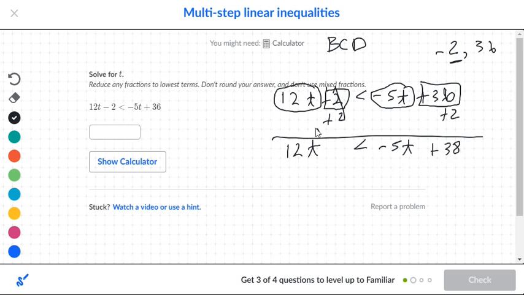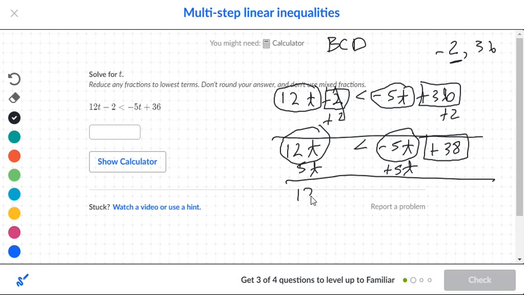Okay, now I want to code the problem, so I want to circle my letters, and then I want to box my numbers. So I want to add 5t to both sides. So this becomes 17t. We have the inequality sign, and then we have 38. So notice we have one circle and one box.